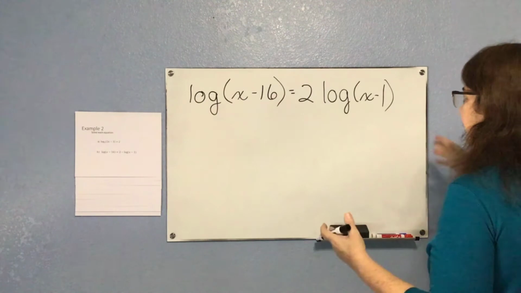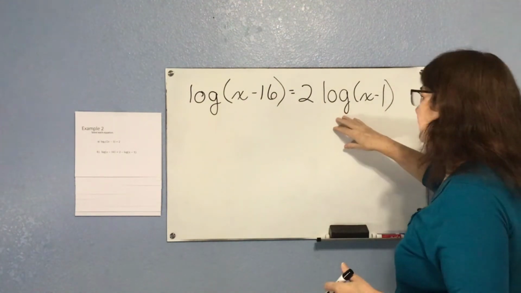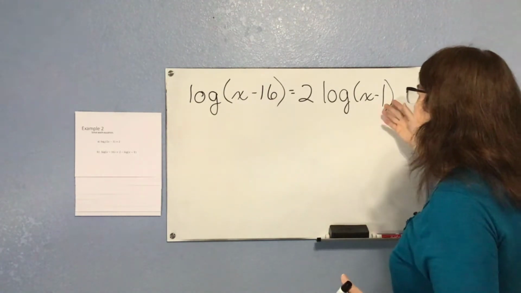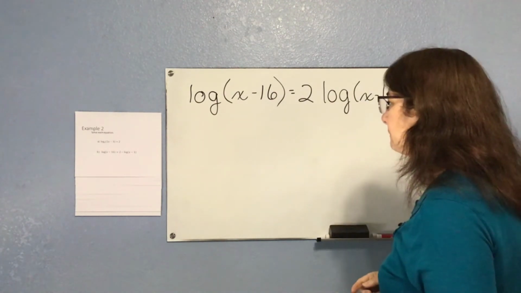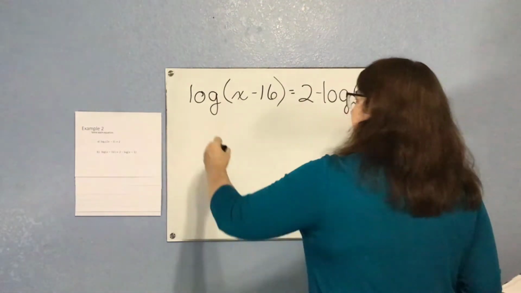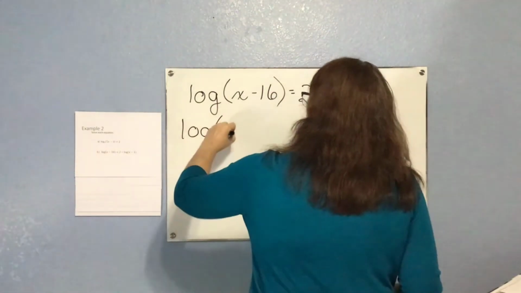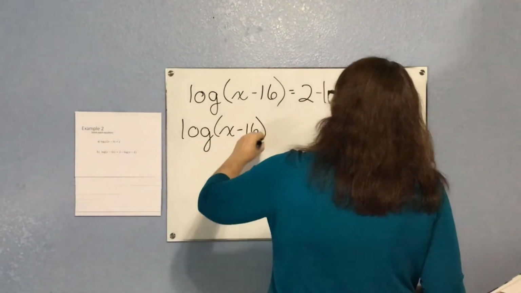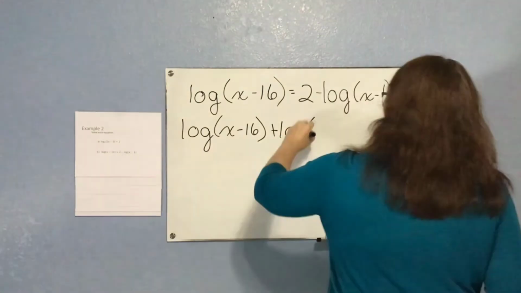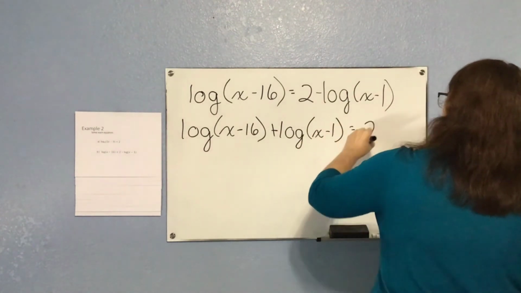Okay, now I've got two logarithms here, and so using that technique that we did on the last problem is not going to work out very well. But I am going to move this one over here. Oh, this is 2 minus. So I have log of x minus 16 plus log of x minus 1 equals 2.